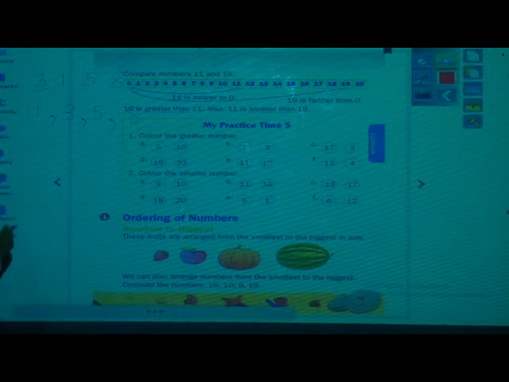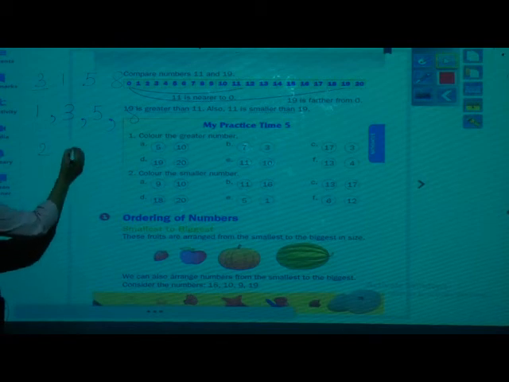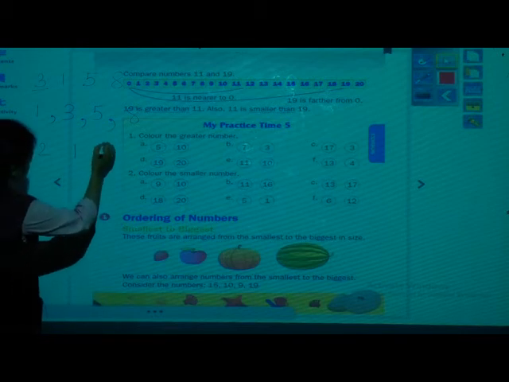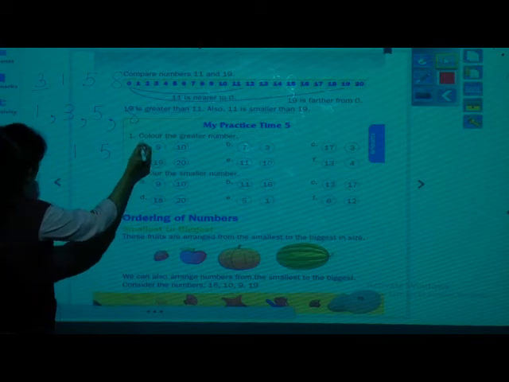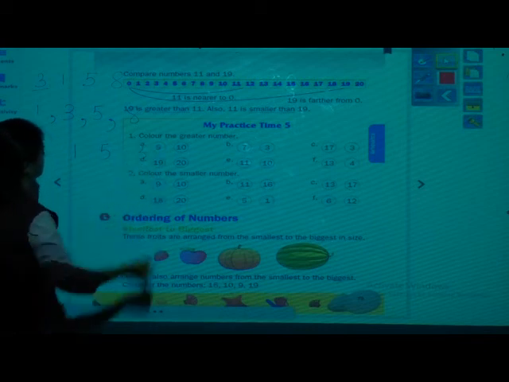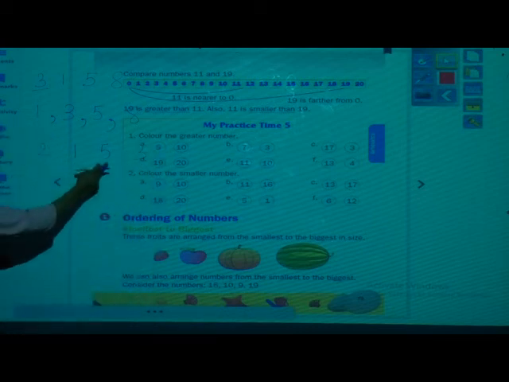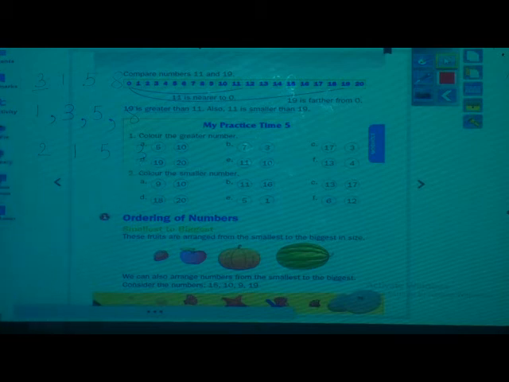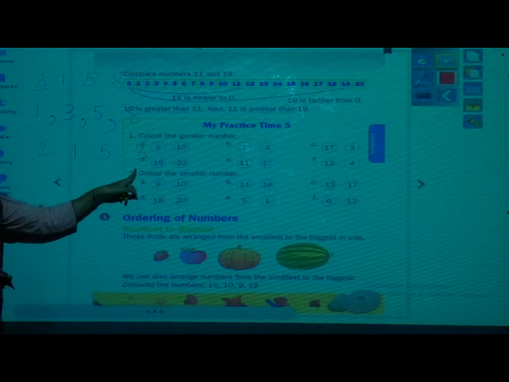Okay, one more I will show you. Fine. 2, 1, 5, 3. Are they in correct sequence? नहीं है.